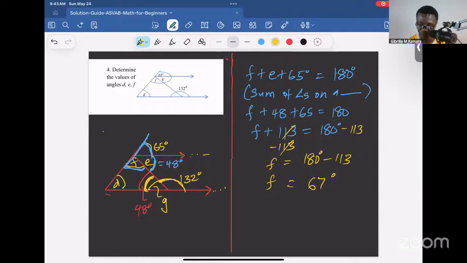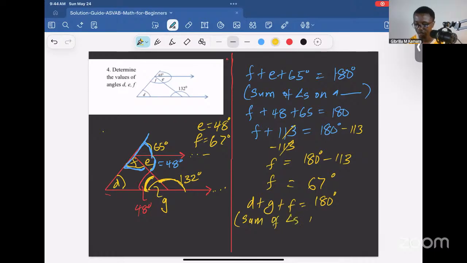So we know E as 48, F as 67. We need to find D. We say D plus your G plus my F equals to 180 degrees. Okay? Why, sum of angles in a triangle.